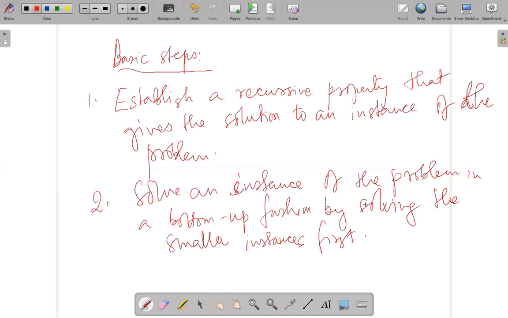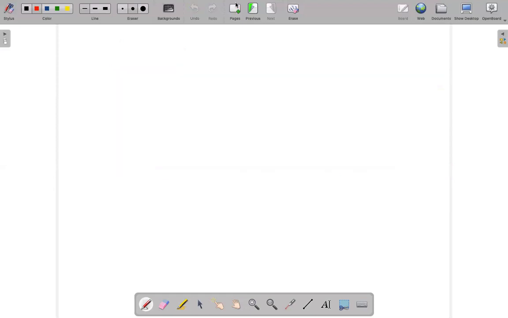So now for a dynamic programming technique, there is a specific term which we need to actually acquaint ourselves with. And this is what is also known as optimization.